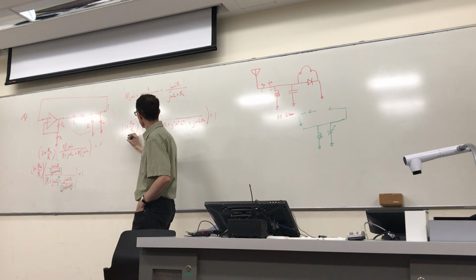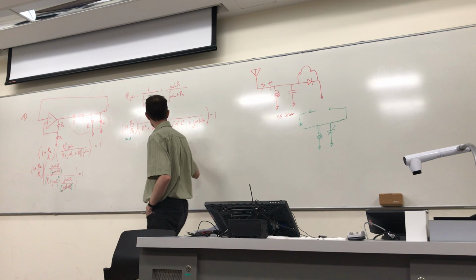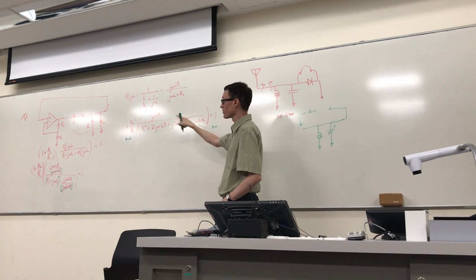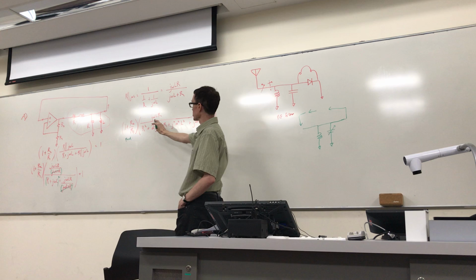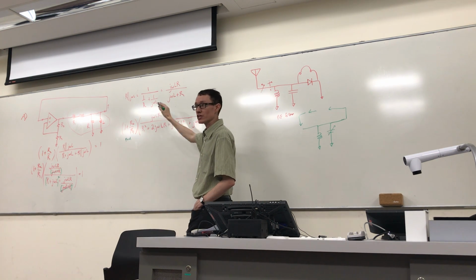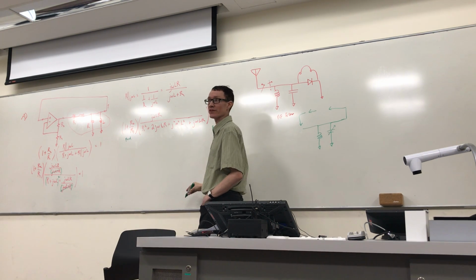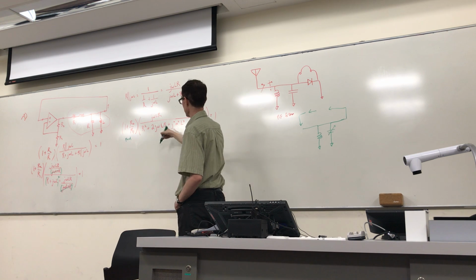Okay, well this is a real number. This is a real number, so this has to be a real number too. But we've got j in the numerator, so the j needs to cancel out with the j in the denominator for this to be a real number.